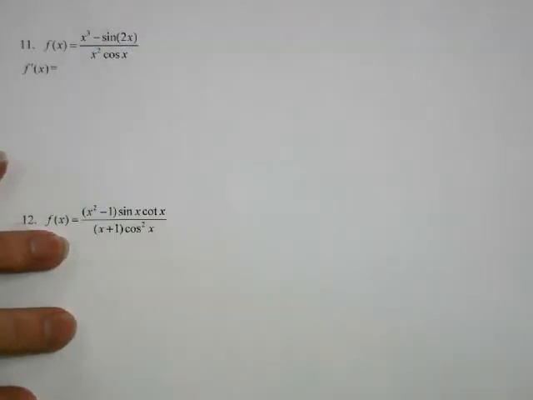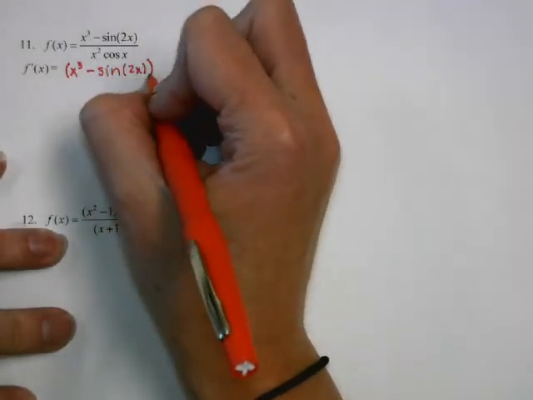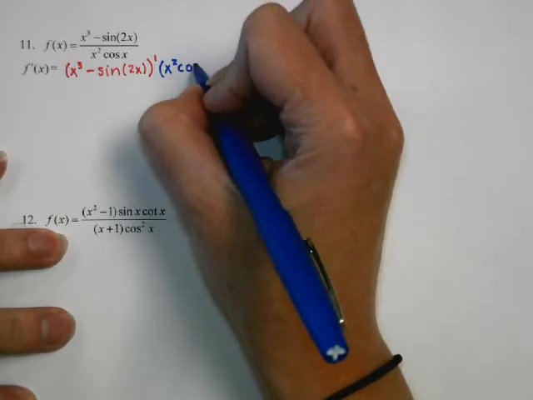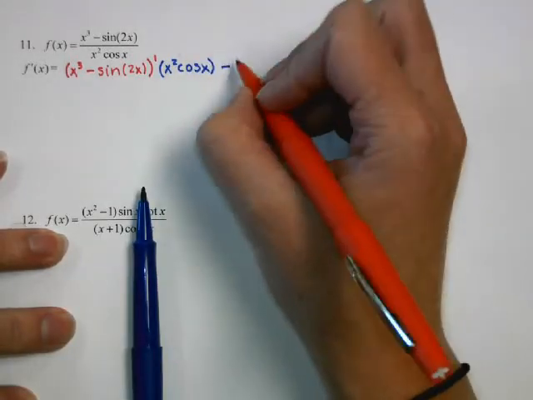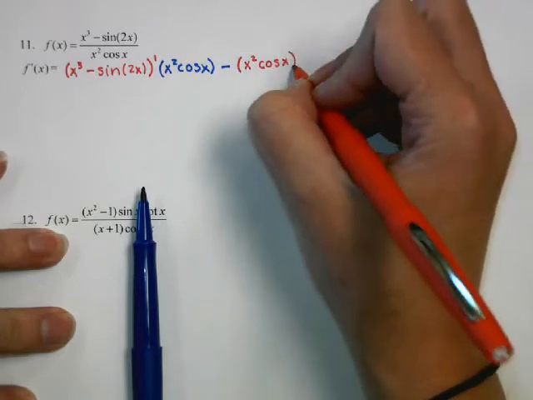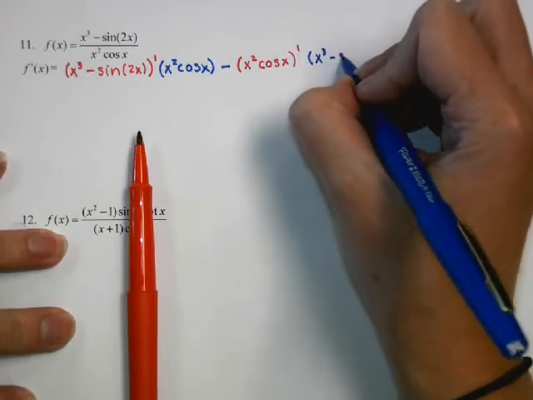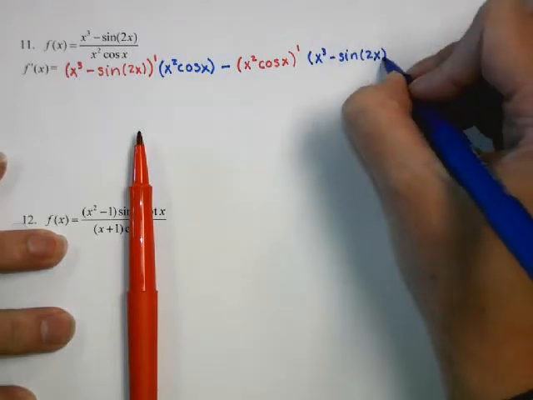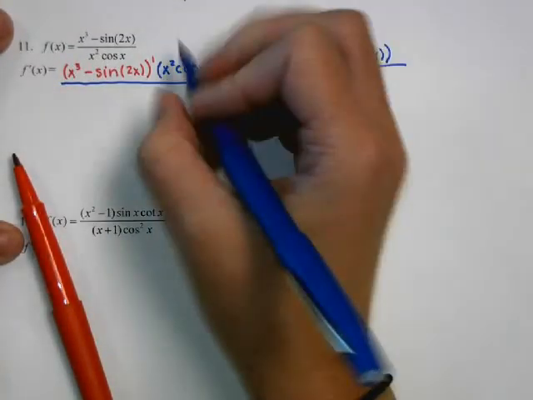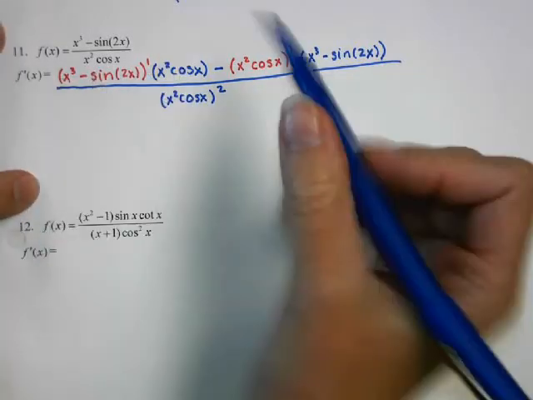Okay, our next one. Derivative of the top times the bottom minus the derivative of the bottom times the top, all over x squared cosine x, squared. Okay, so here we can do this derivative.